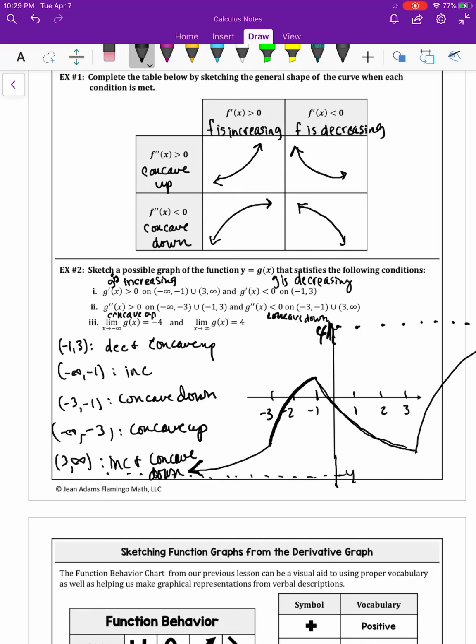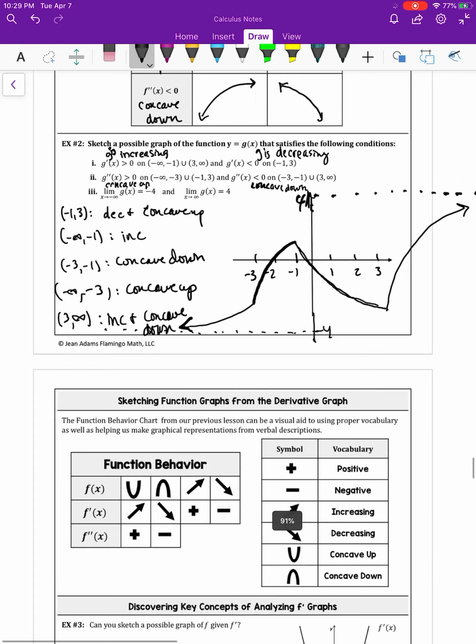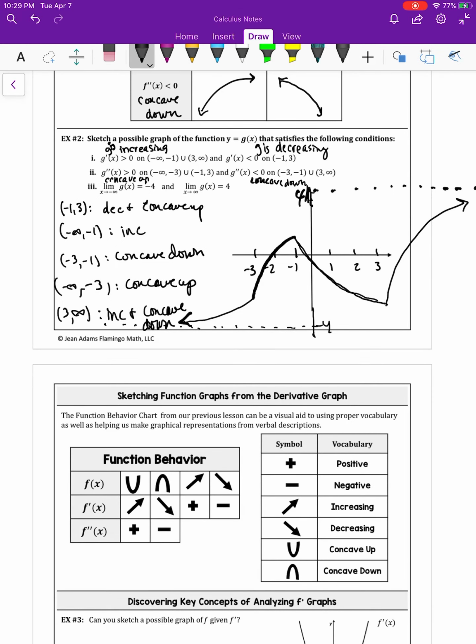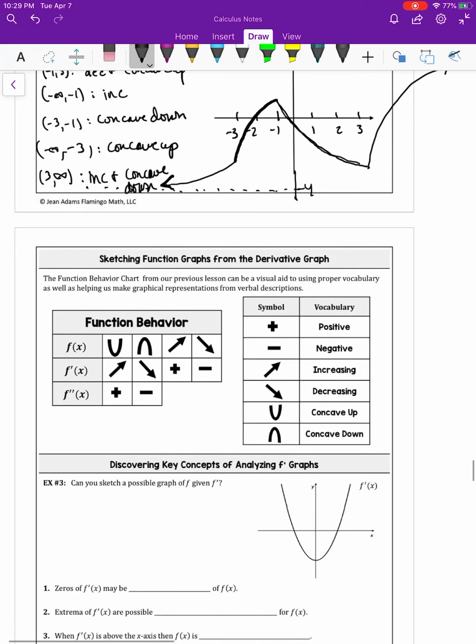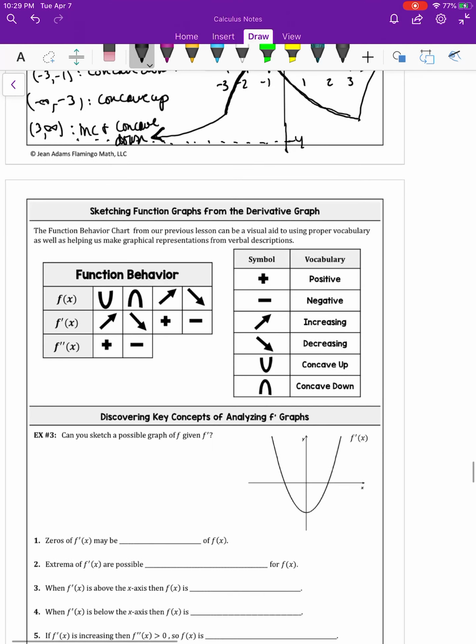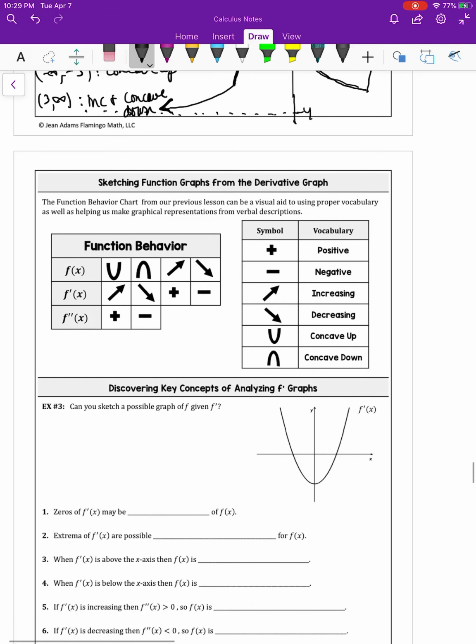I don't know if that helps. I did it a couple different ways, but whatever you feel comfortable with. Those take a little bit of time to think about, but the more you work with it, the better it'll be.